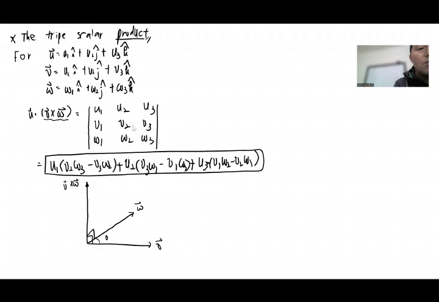And now the u vector is just pointing in this direction. Then this vector u could be projected onto this cross product of v and w vector.